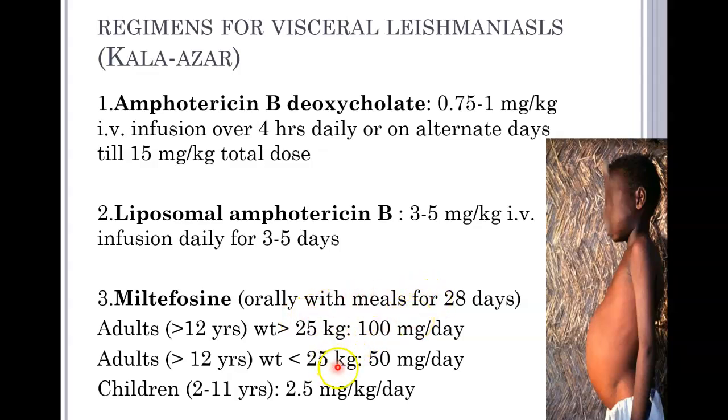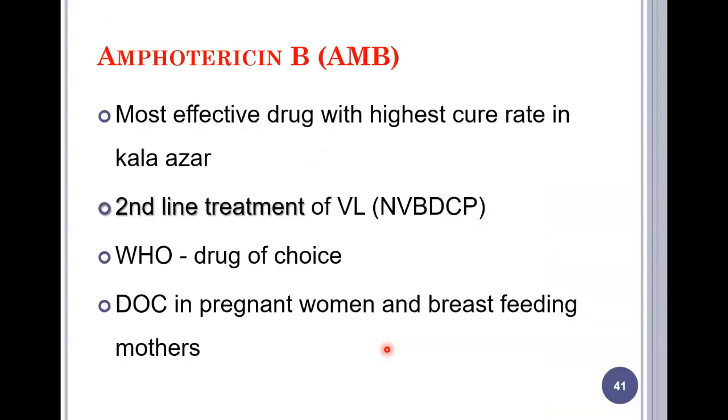In adults more than 12 years with weight more than 25 kg, 100 milligram is given every day. In adults more than 12 years with weight less than 25 kg, 50 milligram is given per day. In children 2 to 11 years, 2.5 milligram per kg per day is given.